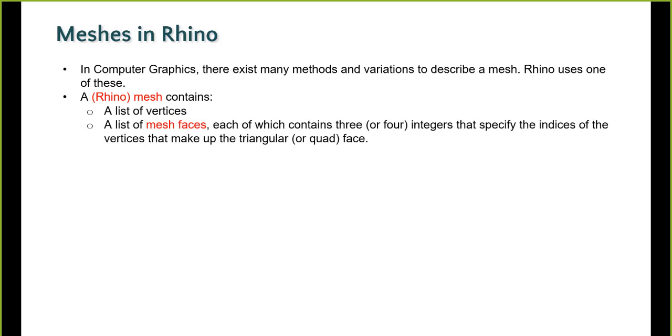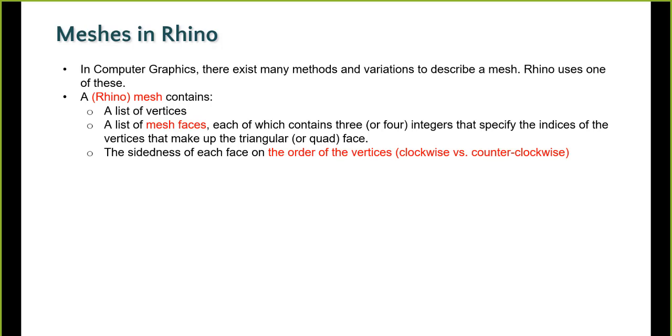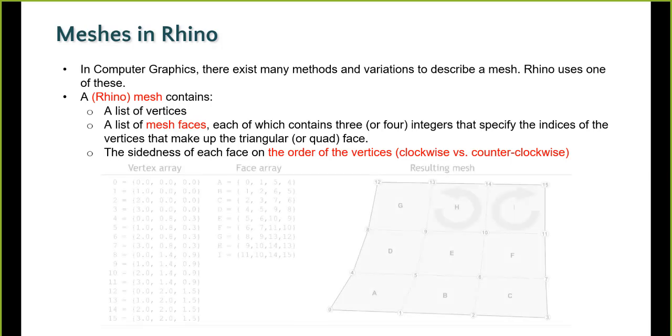That's either 3 or 4 integers, which are the indices in that list of vertices that represent the connectivity of that face. Depending on the order that you select those vertices, the face will point one direction or the other.